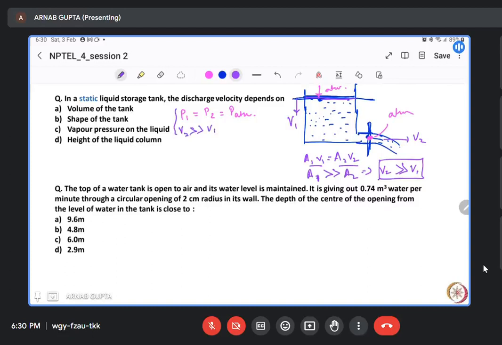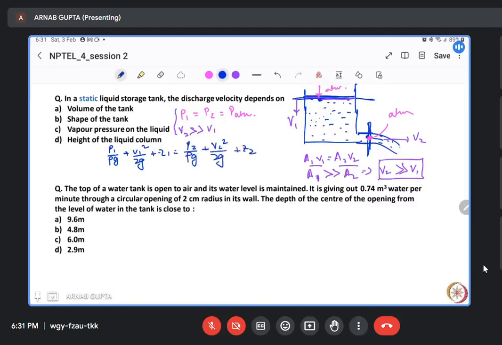Assuming that there are no other losses, P1 by rho G plus V1 square by 2G plus Z1 is equal to P2 by rho G plus V2 square by 2G plus Z2.